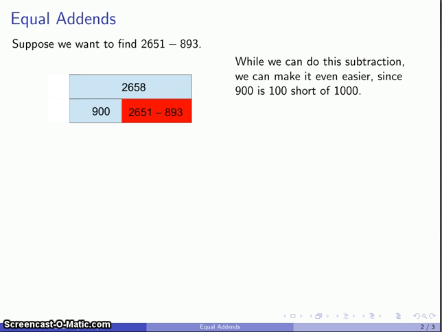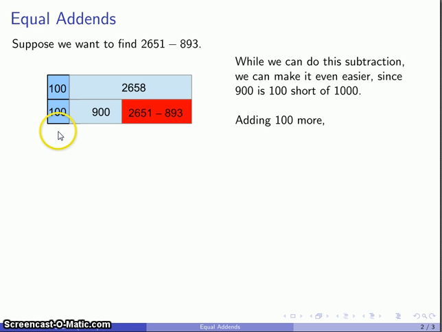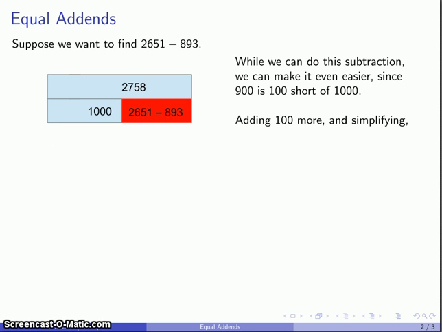Now, I can actually do this subtraction, but we're on a roll here, so why don't I note that 900 is almost 1,000. Again, a much easier number to work with. So I note that 900 is 100 short, so I'll tack on 100 to both of the tapes up here. And what I get for this bottom tape, 900 plus 100, is 1,000, and the top is 2,758.